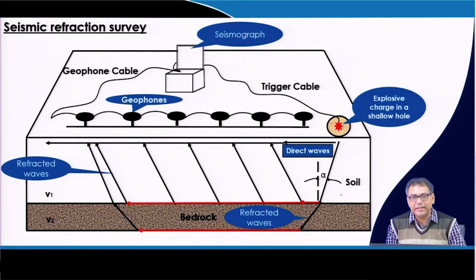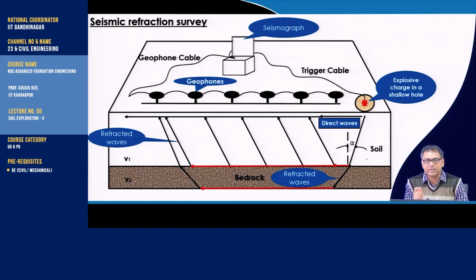Now, one problem is that in this seismic reflection survey, we have to measure two waves. That means we have to measure the direct wave's travel time, and then the reflected wave's travel time. It is difficult to identify which one is the reflected wave and which one is the direct wave.